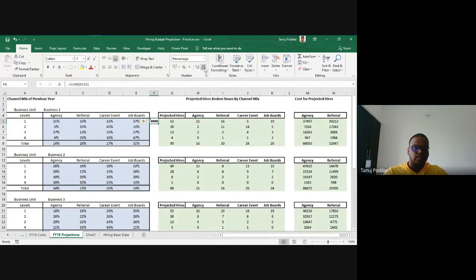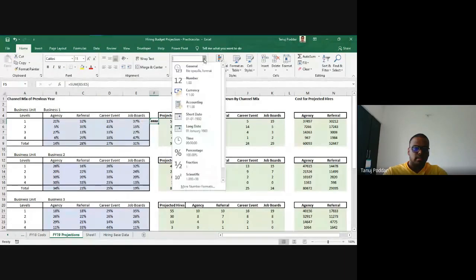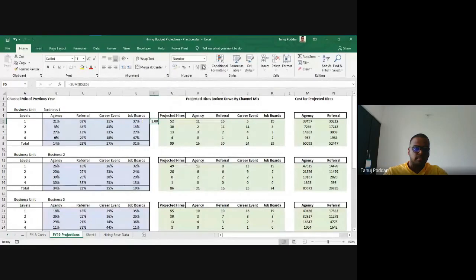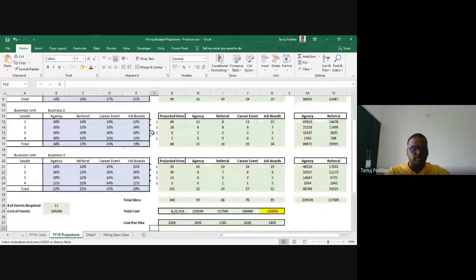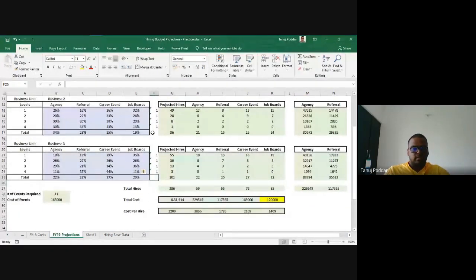So all these numbers should basically come down to 1 as we play along, because that way only we'll be able to ensure that we are accounting for all the hires while distributing them between the different channels. So by doing those changes that I just did, you see that the cost came down a little bit from 658 to 631 at least, right?